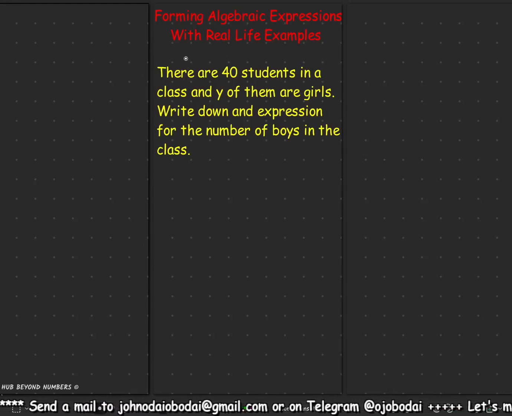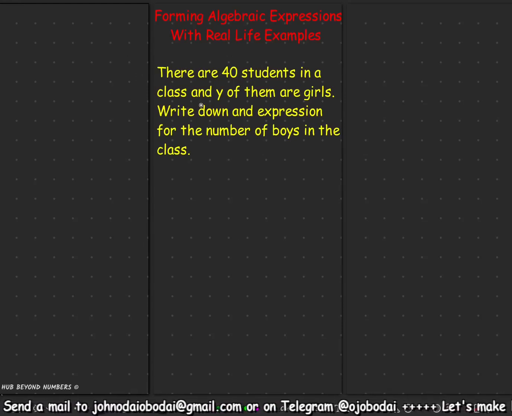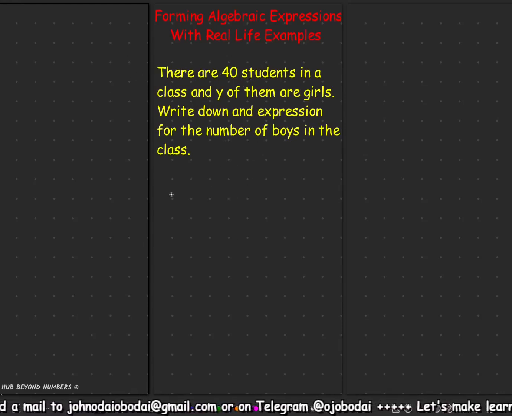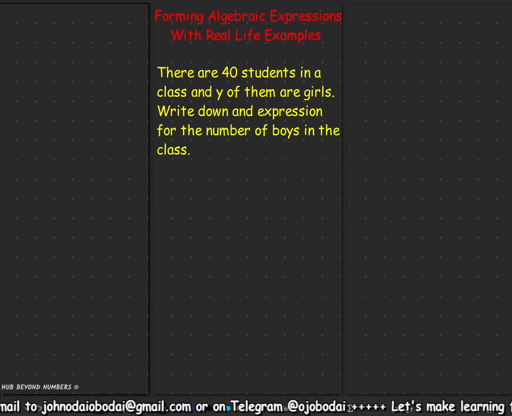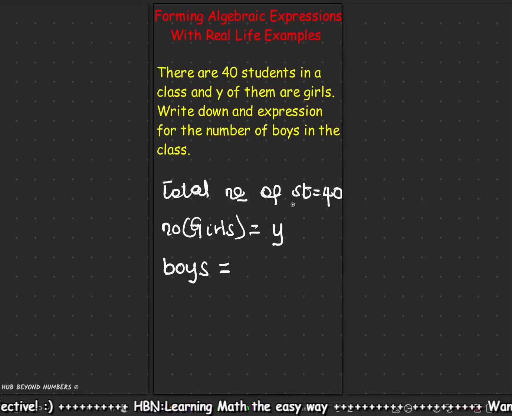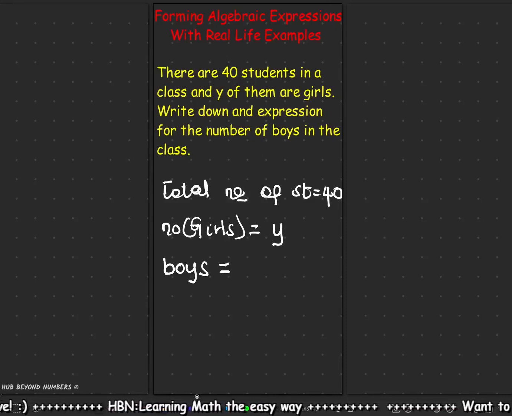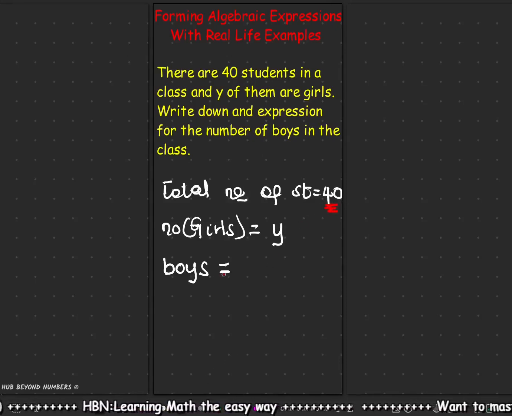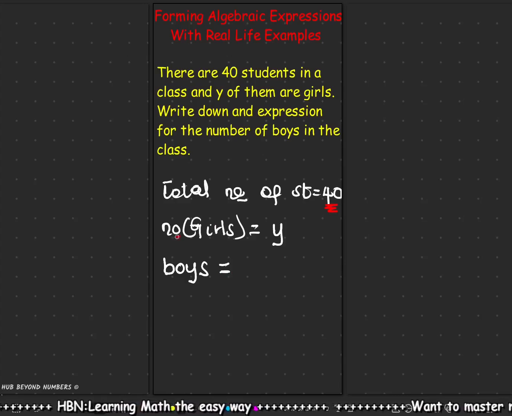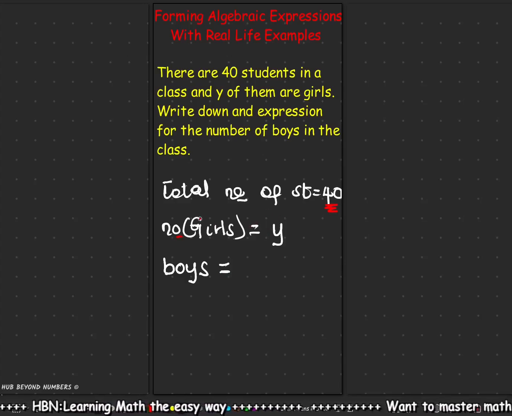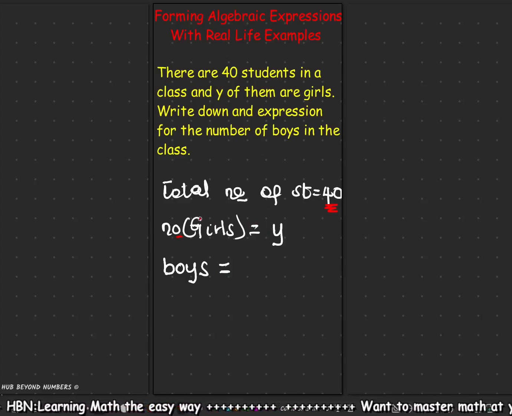First of all, you have to take note. There are 40 students in the class. The total number of students is 40, as I have written over here, and the number of girls is Y. Definitely if not boys, then girls.